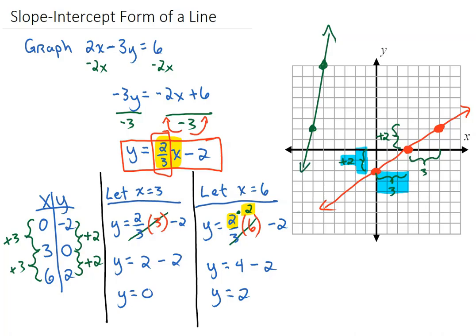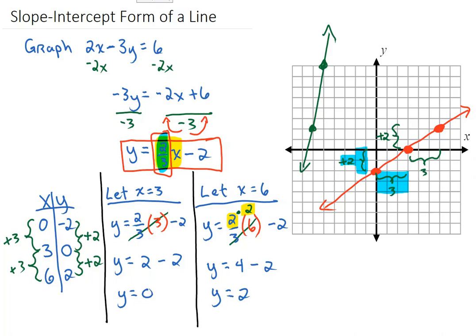So how far over and up you go to get from one point on the graph to another determines this steepness. And we like the word slope in math for lines, and so that steepness is determined by the slope, and we can read that straight out of the equation. When it's solved for y, it's going to be given by that fraction that's in front of x.